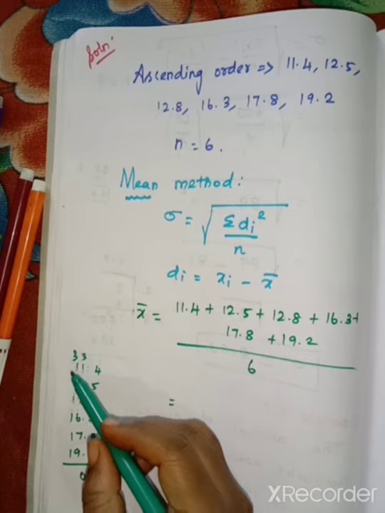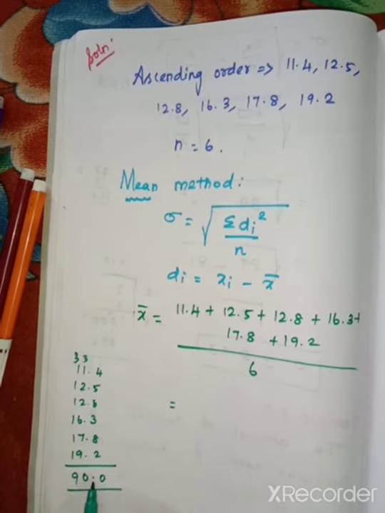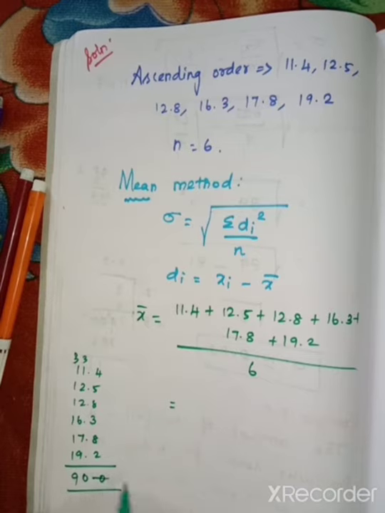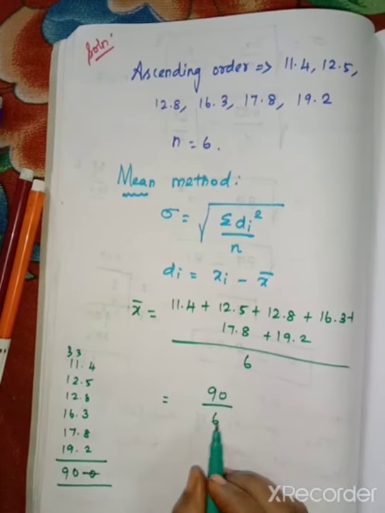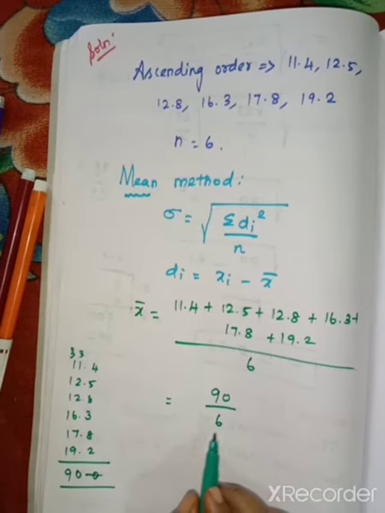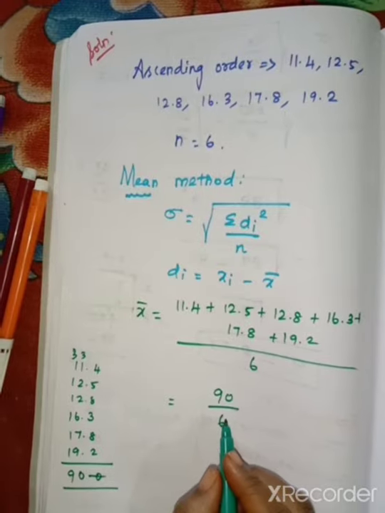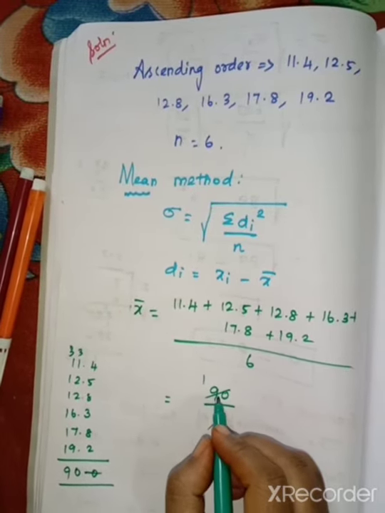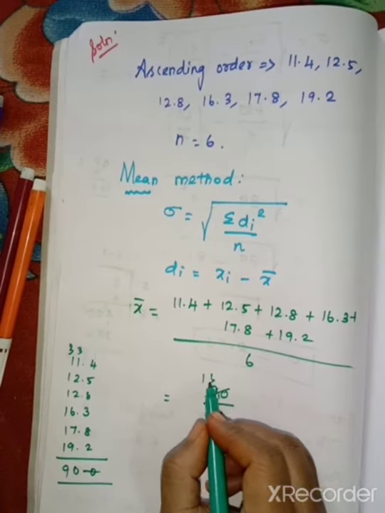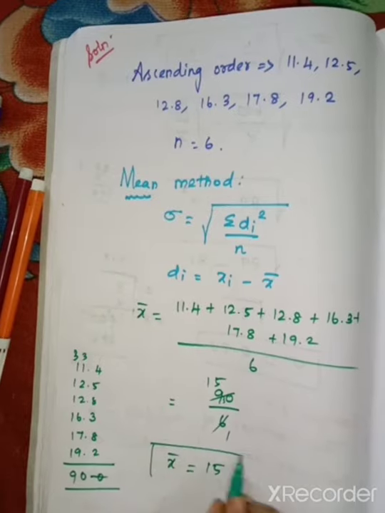Then 3 plus 1, 4, 5, 6, 7, 8, 9. If the decimal is 0, the decimal is cancelled. So 90 divided by 6. Here we can cancel using the 3 table or 6 table. Using the 6 table, 1 6 is 6, here also 1 6 is 6, remaining 3, 30. 5 6 are 30. So x bar equals 15.